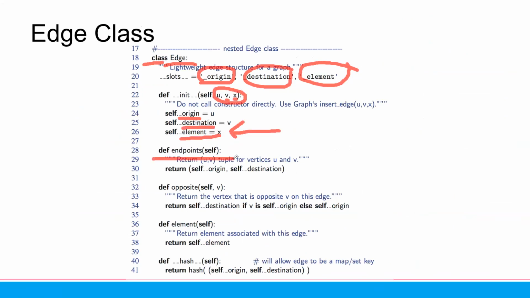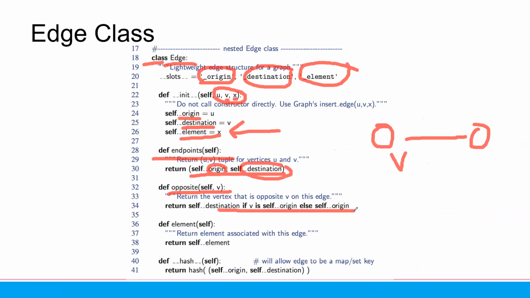We can define the endpoints. What is the endpoint? If I have a particular edge, then the endpoint will be the origin and the destination. What is the opposite? If I know this is v, then the opposite of v, we will check.